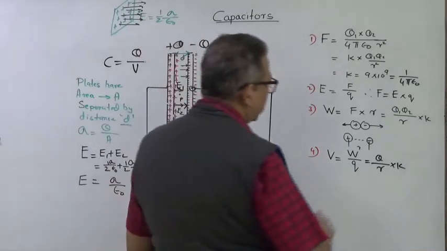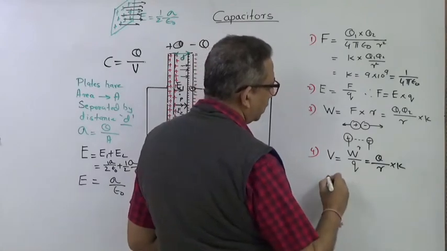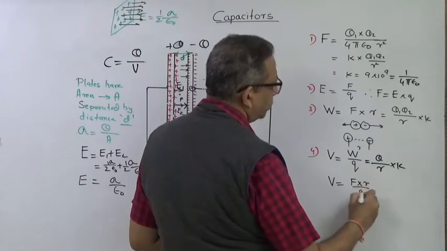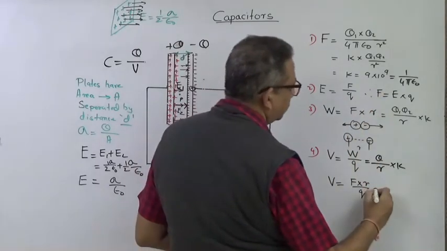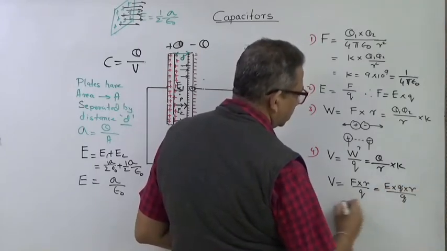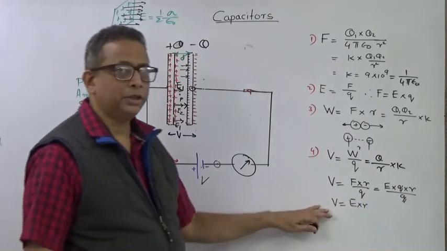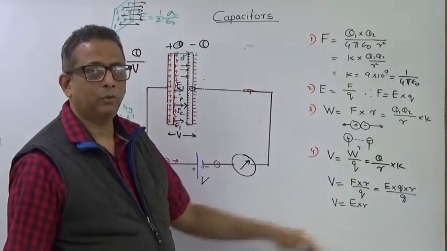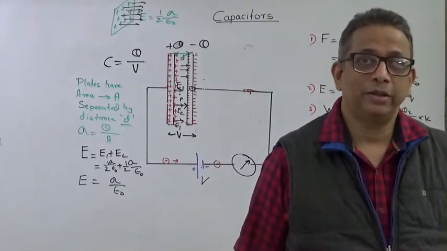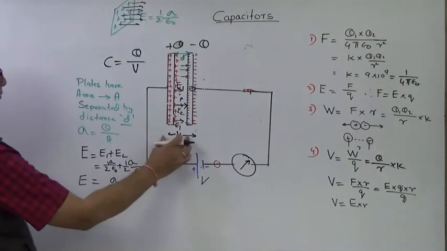So let us see that voltage is equal to work done upon charge, and work done is equal to F into R. So voltage will be equal to F into R upon Q, and F is equal to E into Q. So this is E into Q into R upon Q. So ultimately V is equal to E into R. This is one of the derived equations from the other two equations, that voltage is equal to the electric intensity into the distance between them. So here we have a potential.